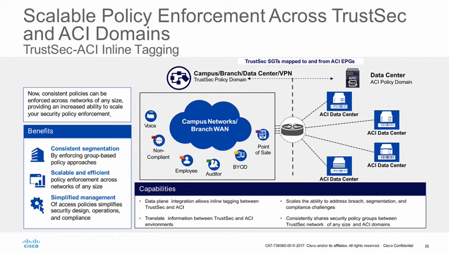So ICE becomes ACI aware of those EPGs, as well as the fact that my TrustSec groups that I've defined on ICE can be sent over to my ACI domain as well. So we can have a single pane of glass in terms of policy, where I've got my enterprise network, but I've also got my data center policies, and those can all be in line from a policy point of view.